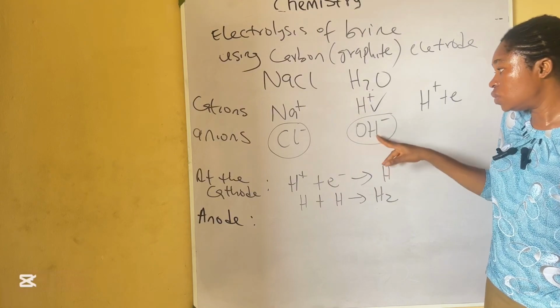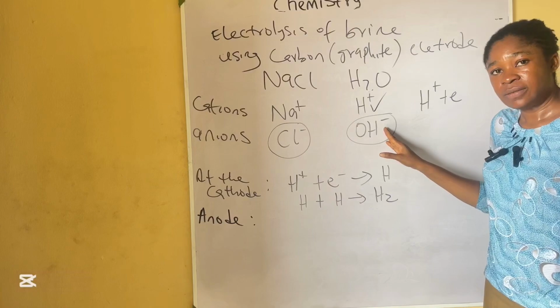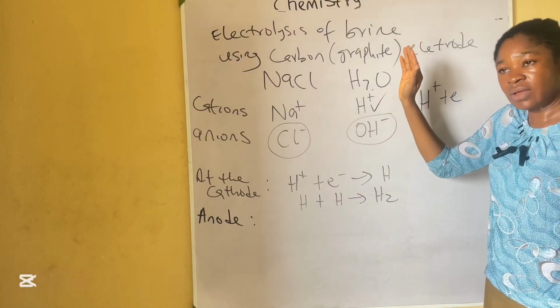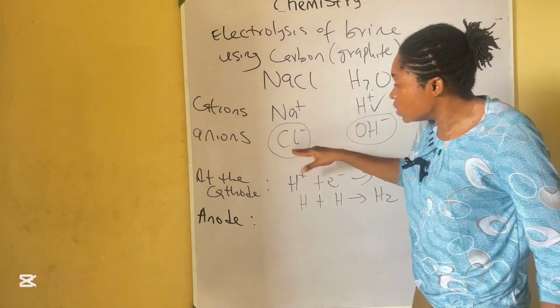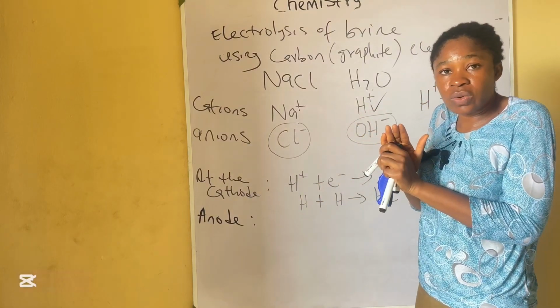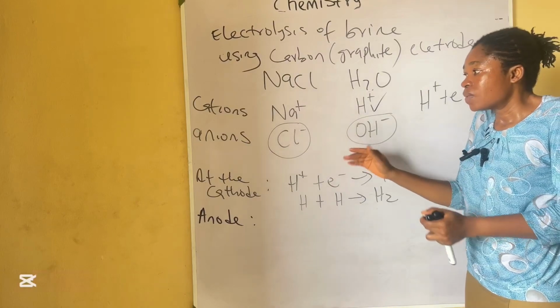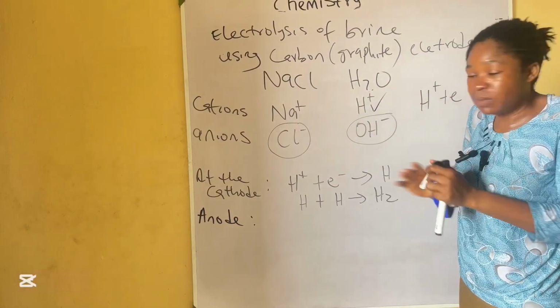If it's position, this one would have been discharged because it's higher up for the anions. But because this one is highly concentrated and they are also closer, concentration takes preference over any other thing if they are closer in the electrochemical series.